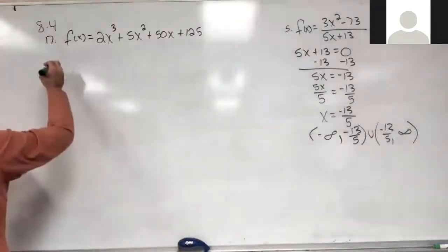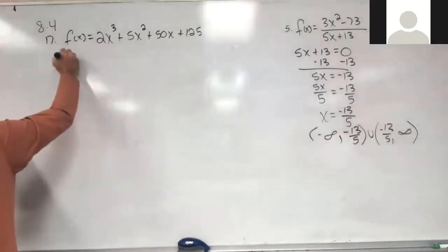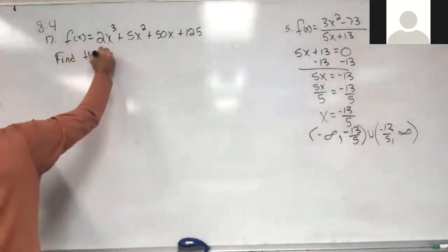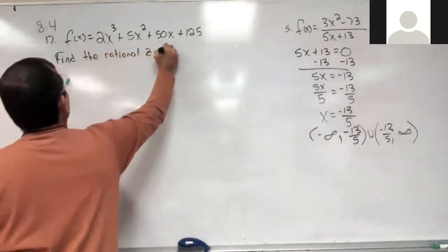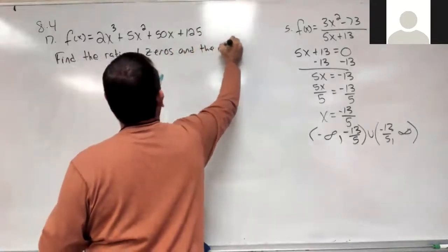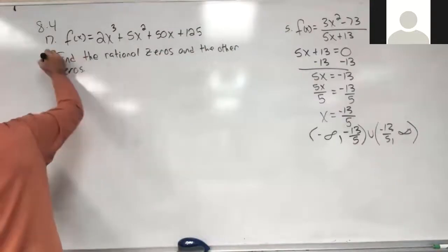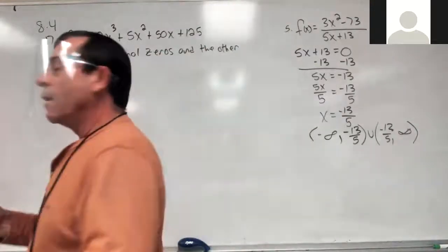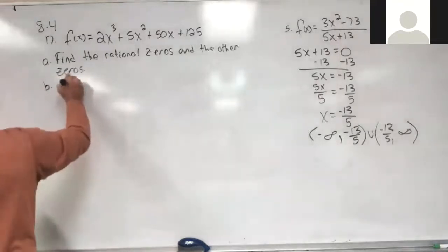So they want me to find the zeros, and actually it said find the rational zeros and the other zeros. So that would have been part A of it. And then part B, they want me to factor into linear factors.